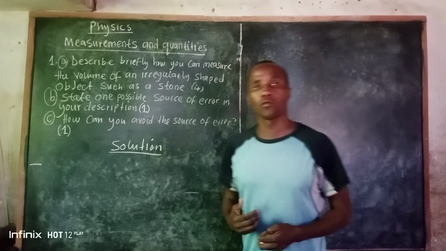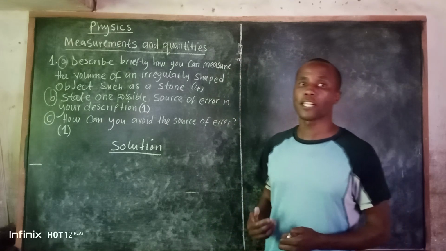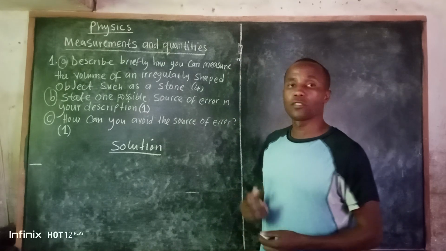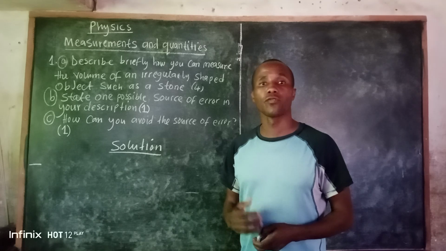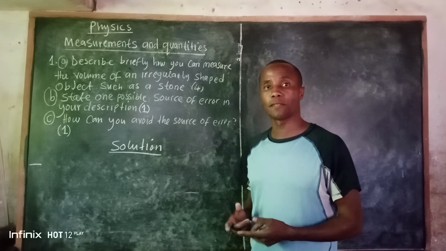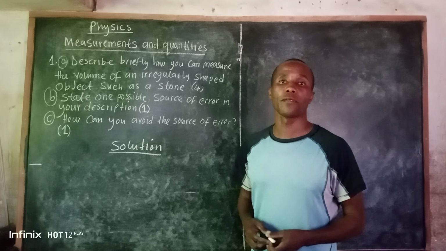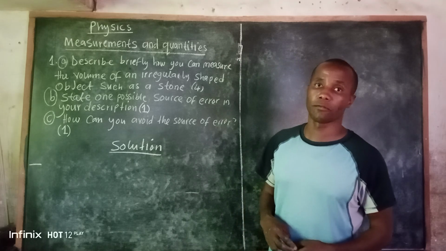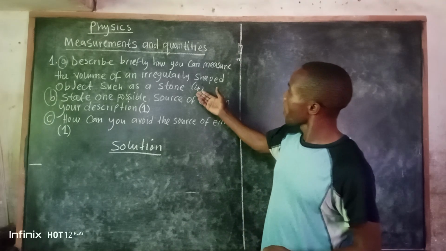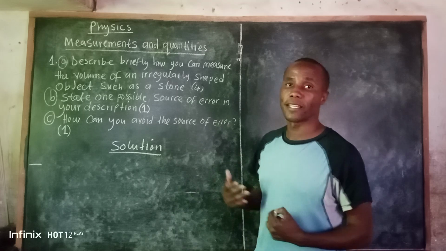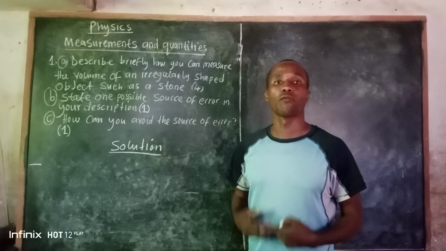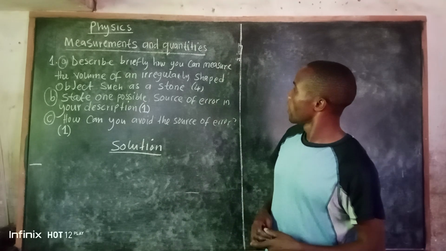When it comes to finding the volume of such an object, it is not easy to use the rule whereby you just measure the length and the height, then you come up with the volume. So we are asked to describe how we can find the volume of that particular object.